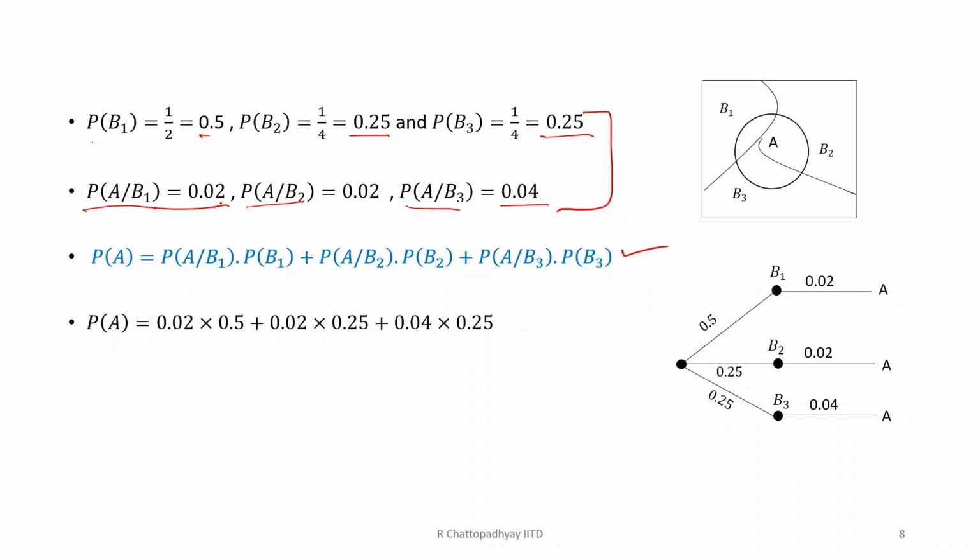P(A|B1) is 0.02, P(B1) is 0.5, so these two we multiply, plus P(A|B2) 0.02, P(B2) is 0.25, multiply these two, and third is P(A|B3) is 0.04, multiplied by 0.25. Add them, and the final result is 0.025.